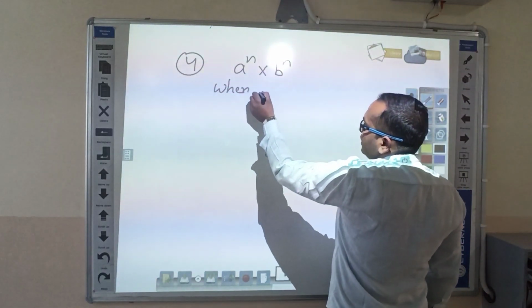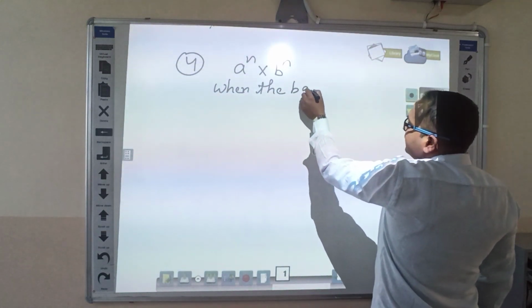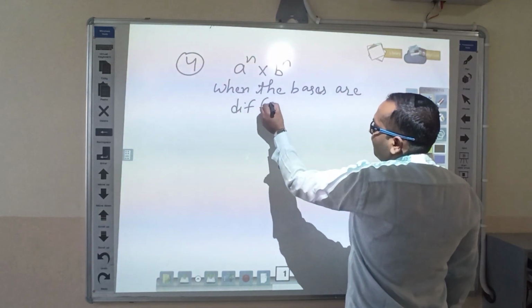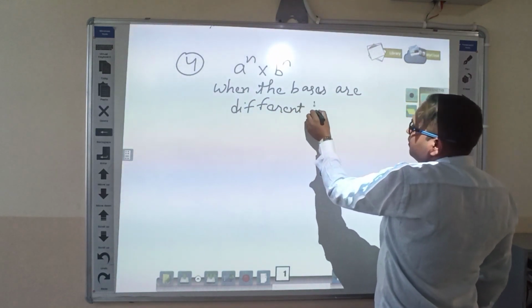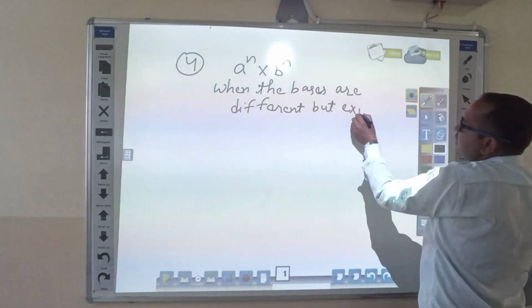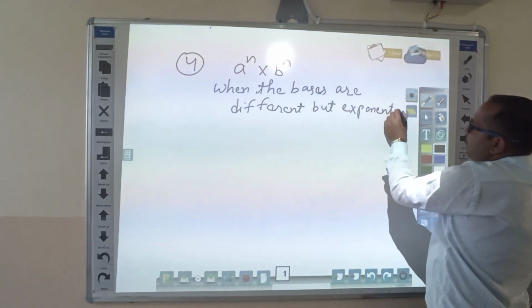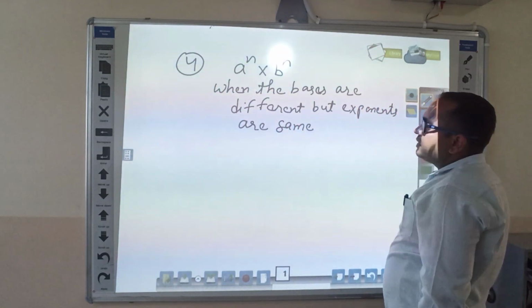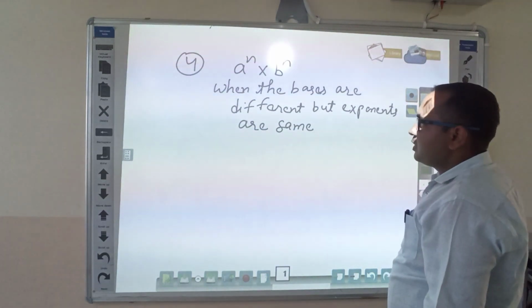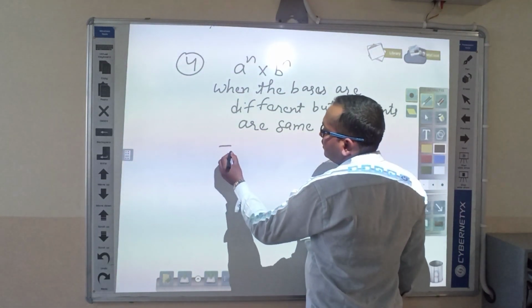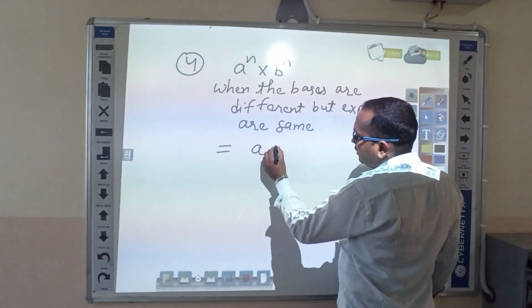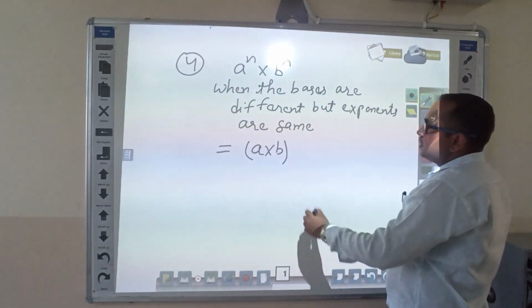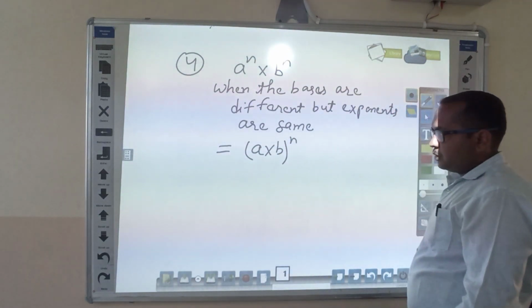When the bases are different but the exponents are same, we take the operation between the bases and take common exponent.